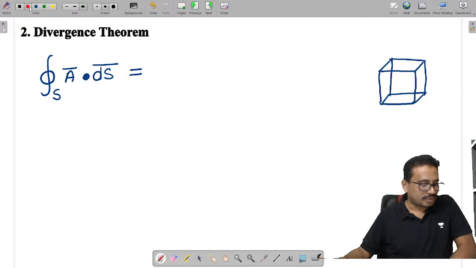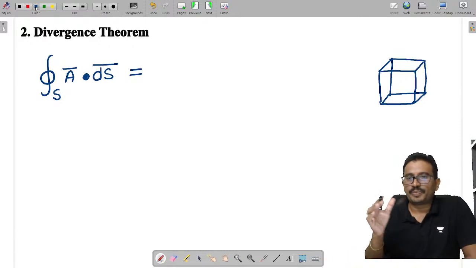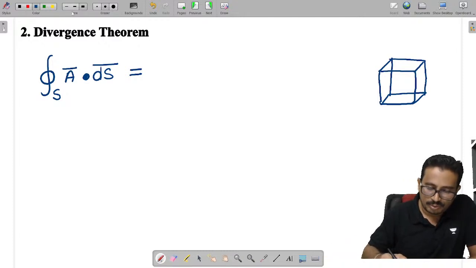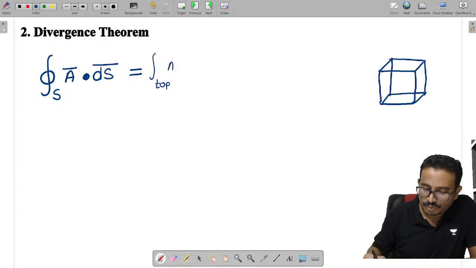Now this closed surface, I want to find how many open surfaces it will contain. You tell me how many open surfaces it may contain. You can see here, I can say the top open surface of A dot ds, isn't it? Plus what should I write here?